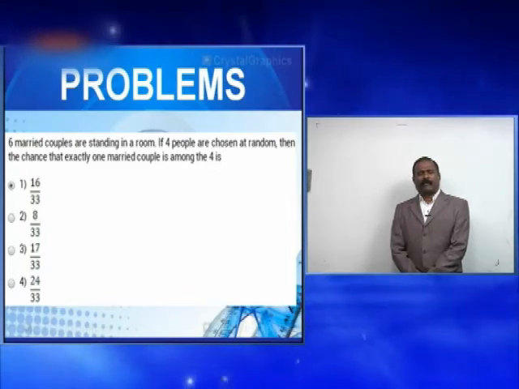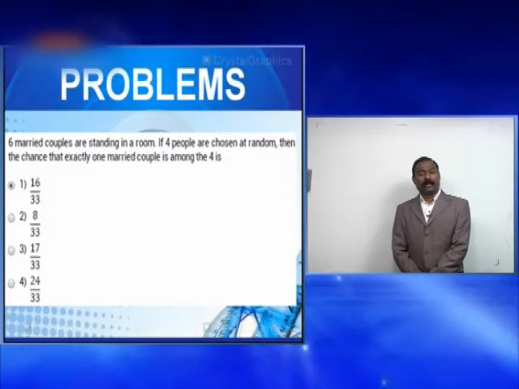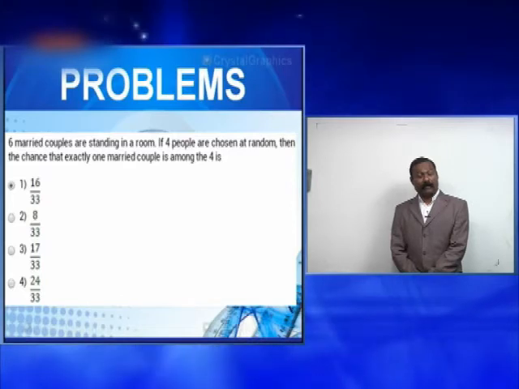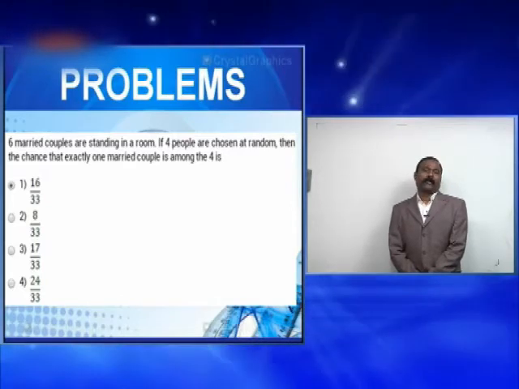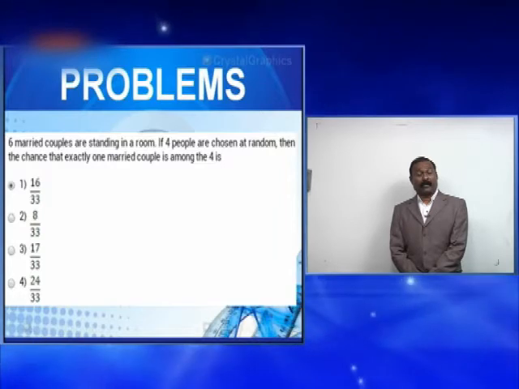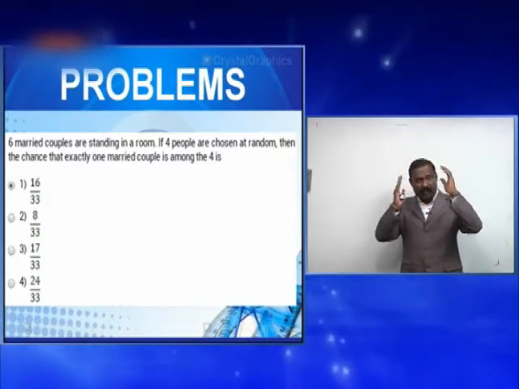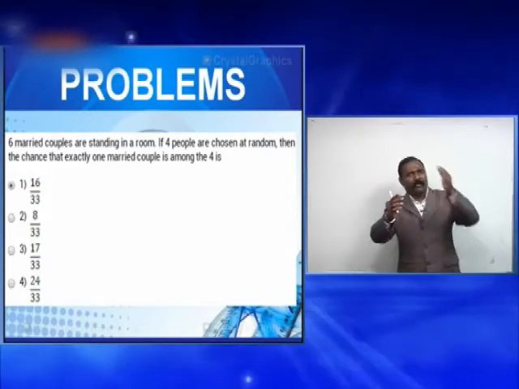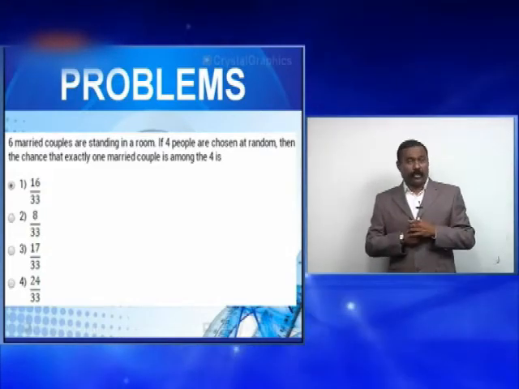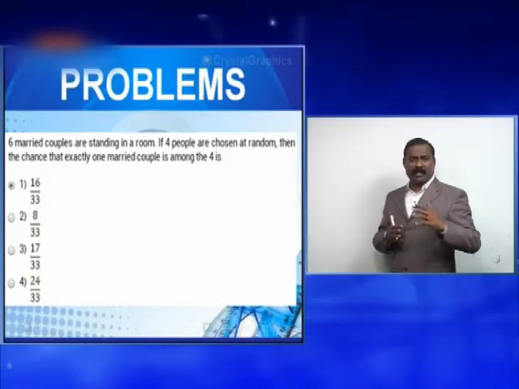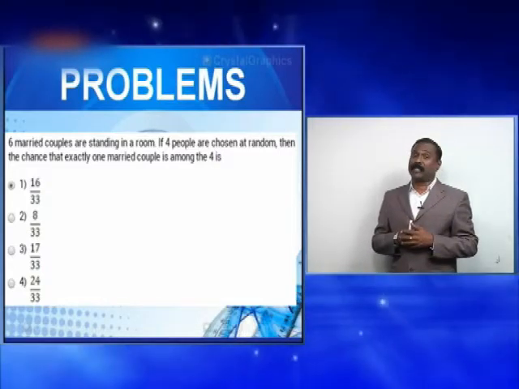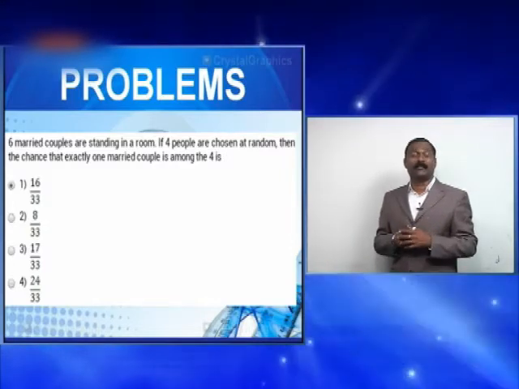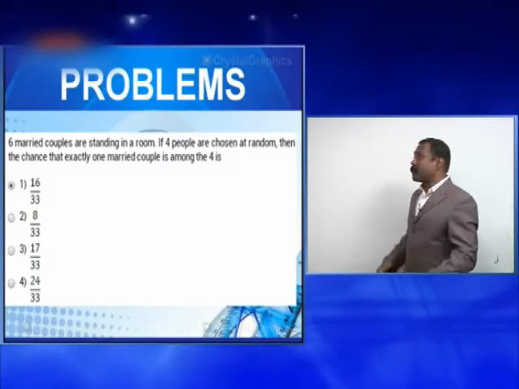Whenever you attempt any problem in probability, don't forget to write the total number of outcomes. If you are clear about the total number of outcomes, then you can pick out your favorable number of outcomes. So before solving any problem on probability, write the total number of outcomes, or in other words, the exhaustive events, or the sample space.